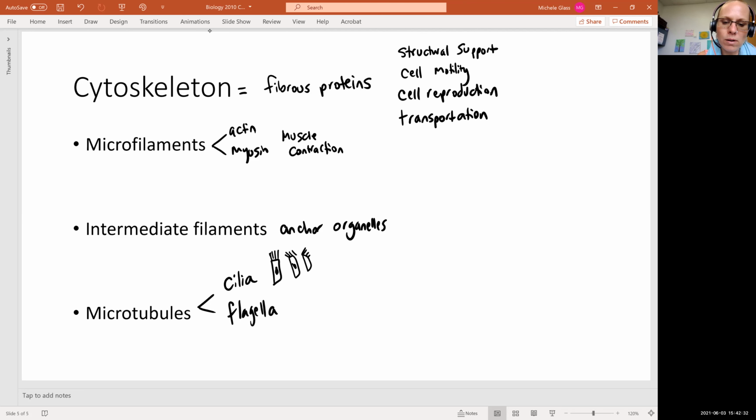So they move back and forth. We have flagella on our sperm cells that let them swim. And then we'll also see here the centriole, which is going to be an important track to move chromosomes during mitosis.